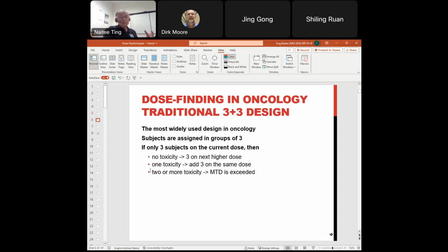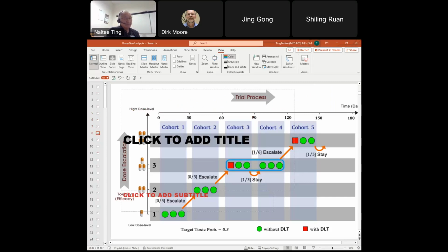Traditionally we have this 3+3 design. I think I can show you this figure. That makes things easier. You start with 3 cancer patients, and if none of them have any DLT, dose limiting toxicity, you escalate to the next higher dose. For this dose, if there's no adverse events or no DLT, you escalate.